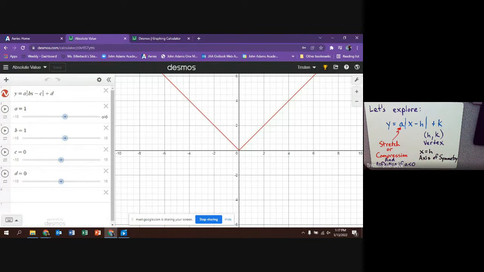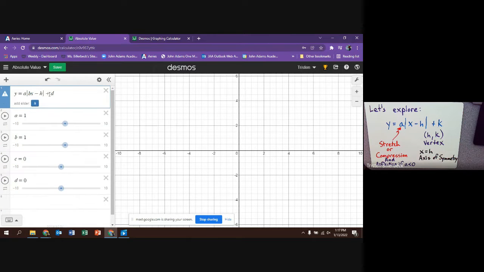All right, so if we have the absolute value screen, we see we have y equals a times the absolute value of b, x minus c plus d. Okay, so I didn't use the hk, so let me just switch this over to h and this one to k.